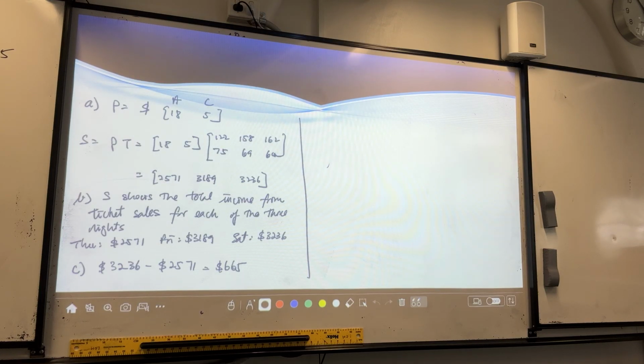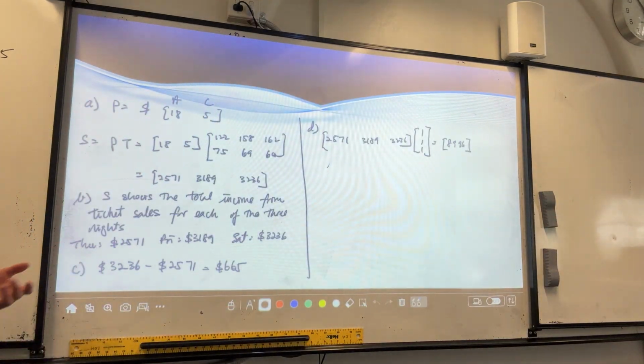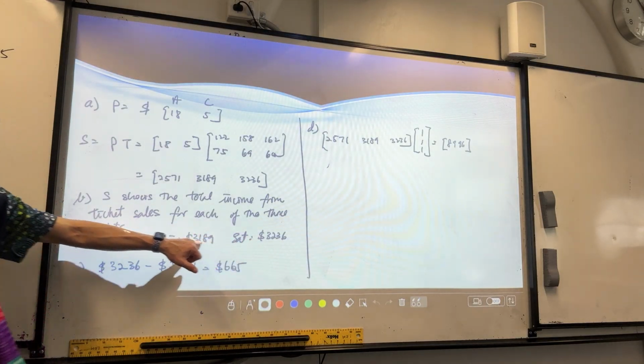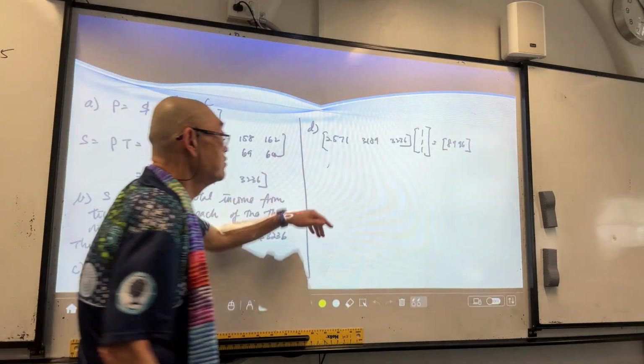You now need to show how to multiply matrix S to obtain a matrix that shows the total income over 3 nights. So you need to use the information that's given to you. What happened is you can just sum it to show the income. But then the question asks you to show a matrix way.